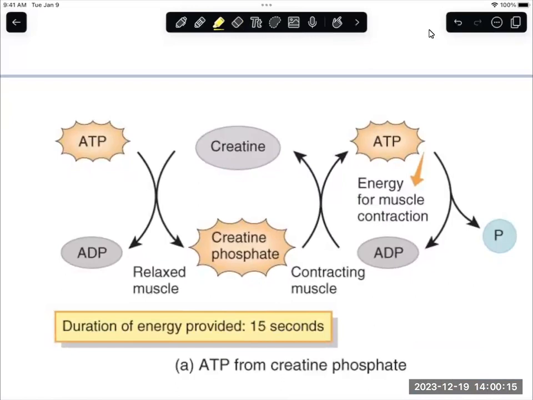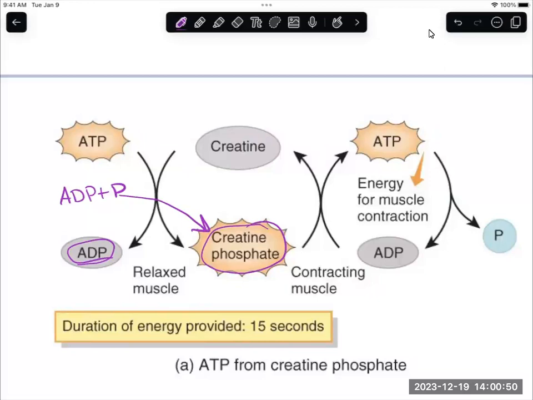What we're going to do is take this ATP and remove a phosphate, so we have ADP plus phosphate. We take this phosphate and attach it to creatine, and then we keep this ADP. We keep this creatine phosphate in our muscles in the sarcoplasm, and we leave it there until we need it.